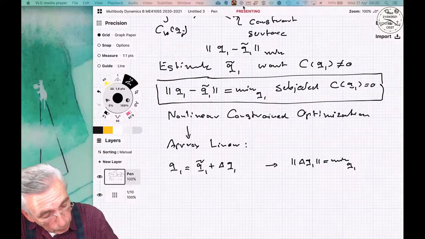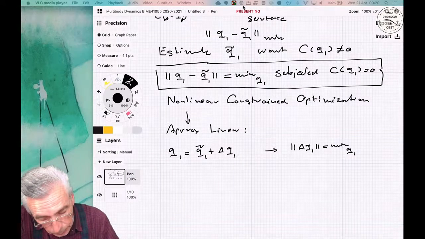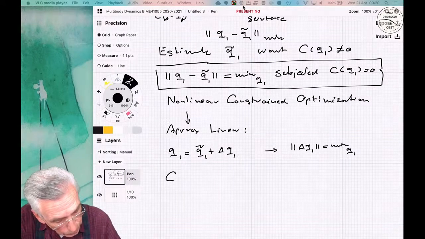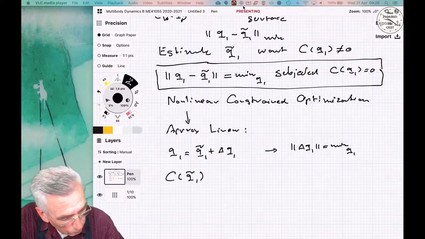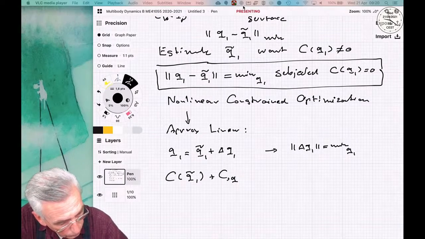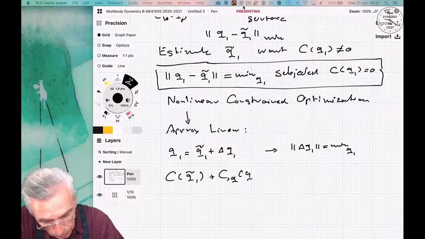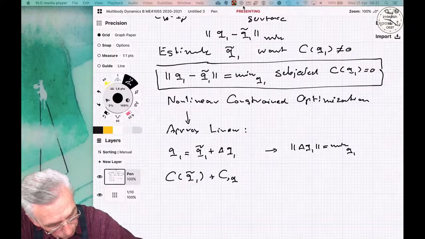And then what is the constraint equation? Well, we then linearize this guy, and the linearization of that guy is, of course, that C of Q tilde, which is not 0, plus the Jacobian C_Q at this approximation. Well, let's drop that for now. It's far too complex.